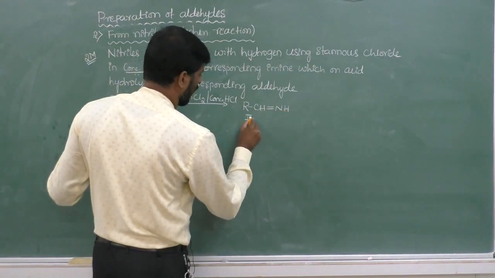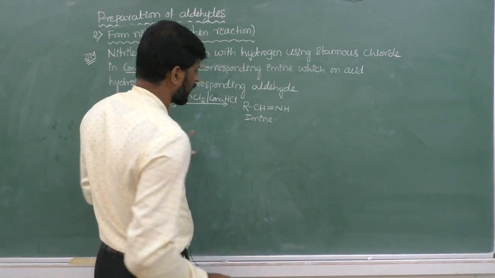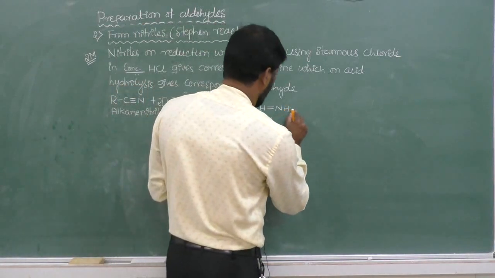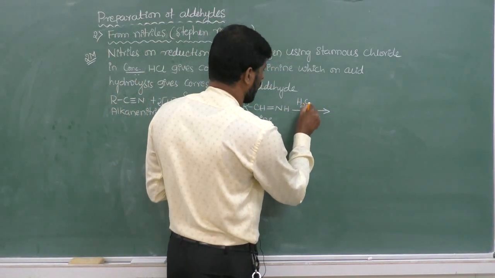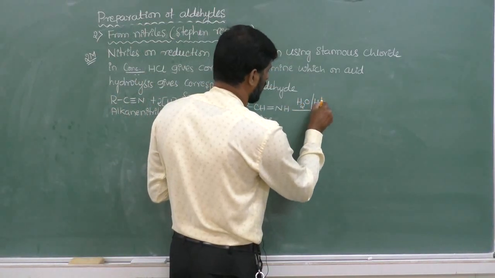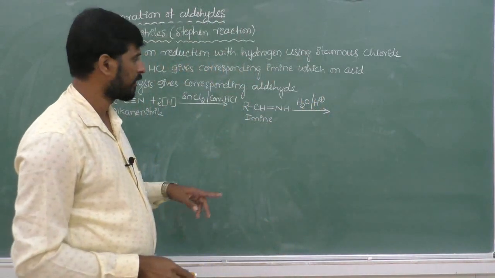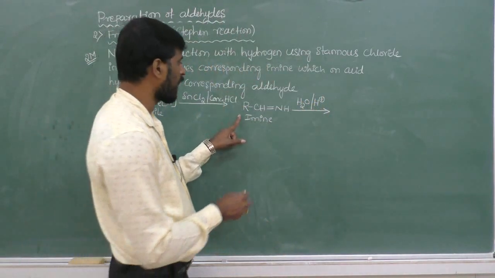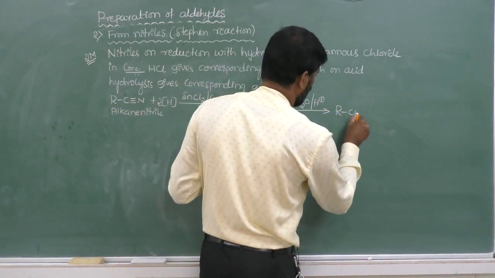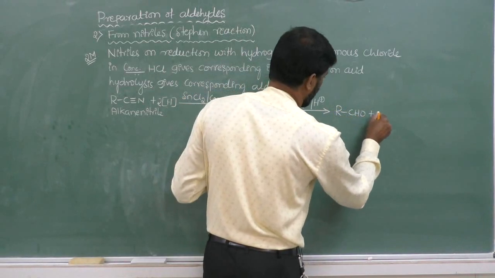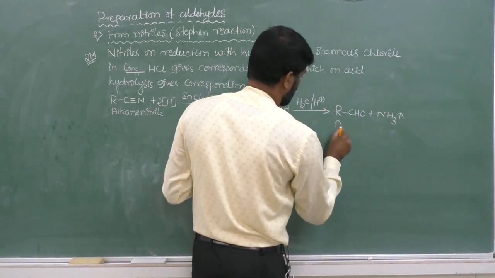This is the corresponding imine, and this imine on acid hydrolysis, that means breaking of the molecule by using water in the presence of acid, leads to the formation of RCHO plus ammonia. So, this is the aldehyde.